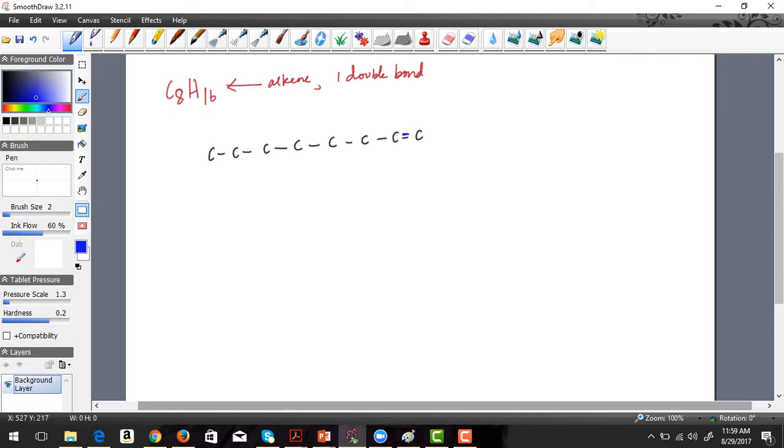So this is our first one, and I can go ahead and write my structures up, and this is what I should have had. Now we're not done yet. We can still use this anchoring point and keep moving the double bond around within this chain.